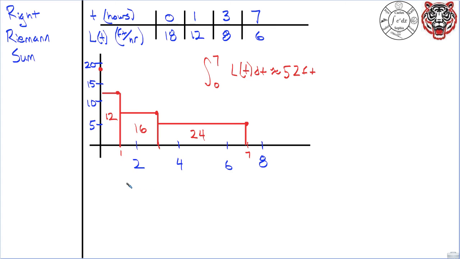All right, and then the critical question: is this approximation less than or greater than the actual value? Look at the points, make your imaginary line that comes down through here.